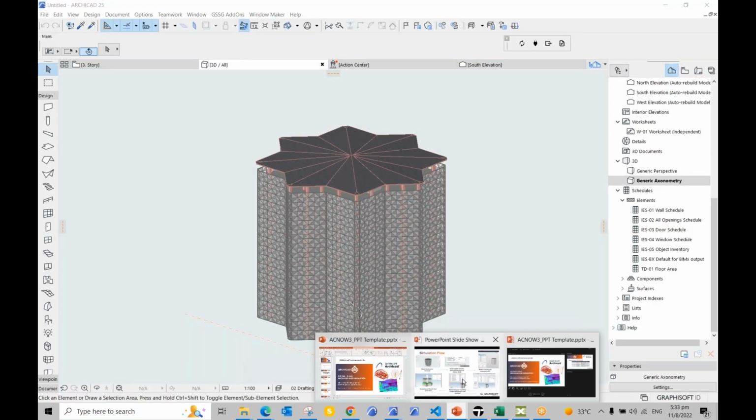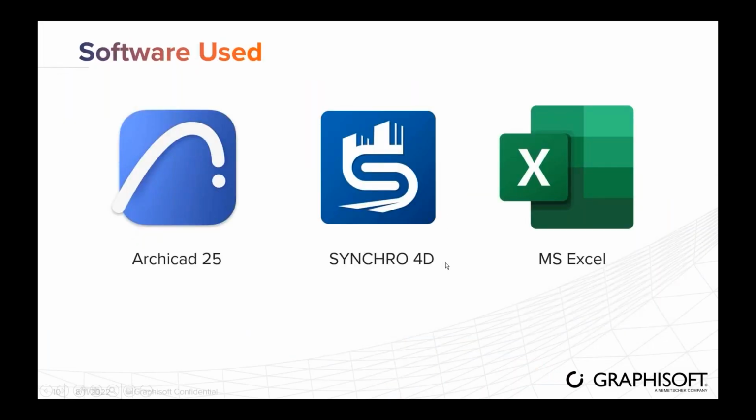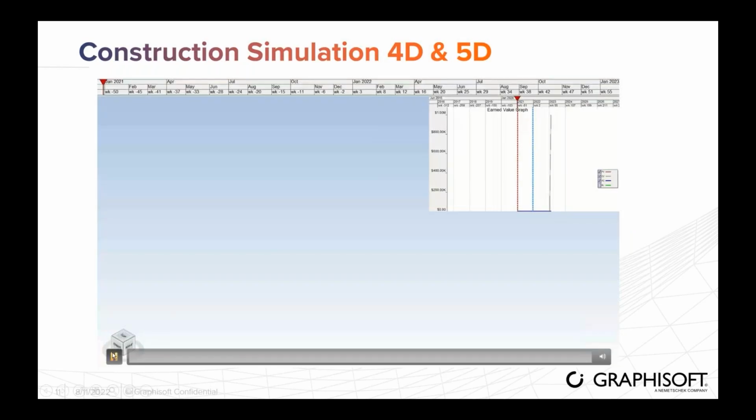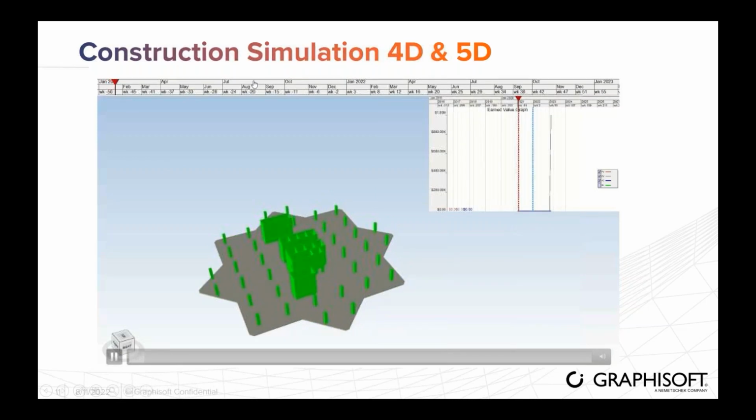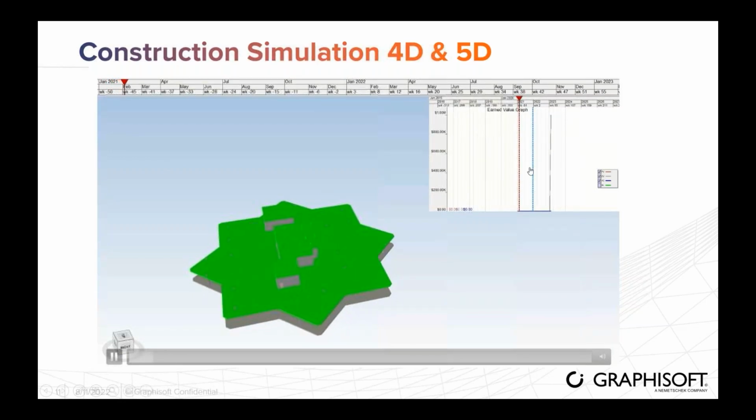5D simulation inside that. So you can see here, these are the tools that are used for creating 4D, 5D simulation using Synchro. And here is the video of it. So on the top, you can see the timeline. And here we have the cost graph.